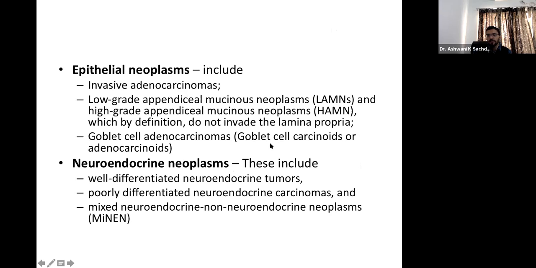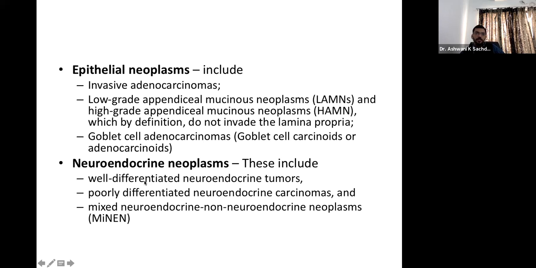Goblet cell adenocarcinomas, also called goblet cell carcinoids or adenocarcinoids, have some component of neuroendocrine cells, but the majority is adenocarcinoma, so they are grouped under the epithelial neoplasms.